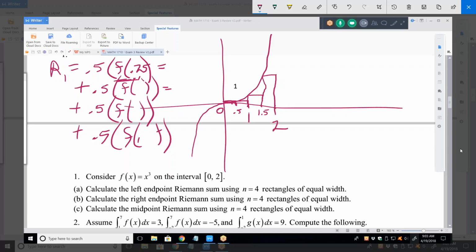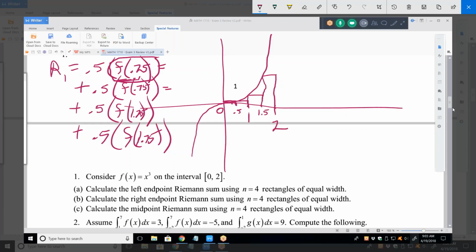So 0.75 and then 1.25 and then 1.75. So 0.75 there, 1.25 there. And like I said, understand that as opposed to figuring out what y is and then multiplying it by 0.5, the key part here is that these values are represented by f of wherever you are on the left-hand side of that rectangle.